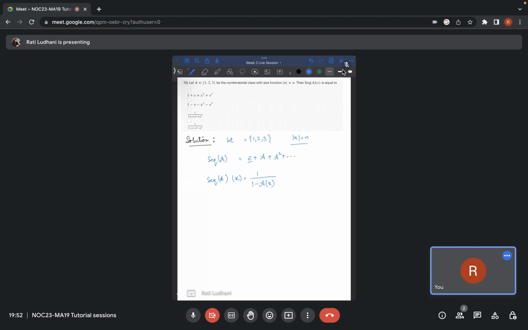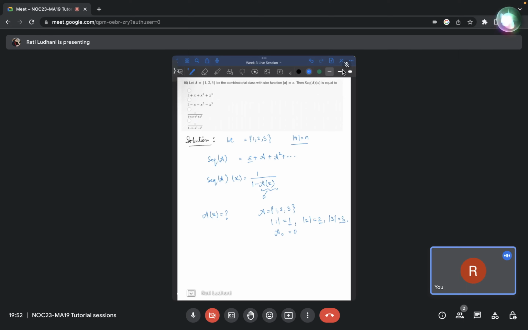So we should know what A(x) is. You have 1, 2, 3 as your set A, and the size function is equal to the same value. For 1 you will get 1, for 2 you will get 2, for 3 you will get 3. Now when you calculate, a0 will be 0. There are just 3 elements.